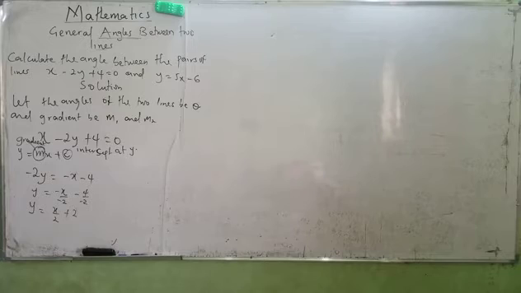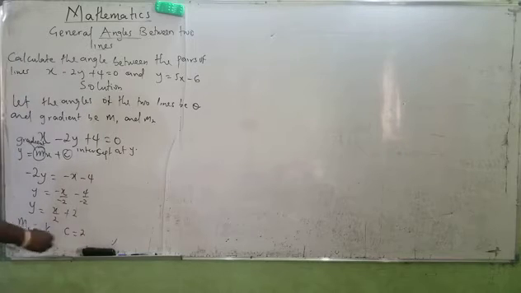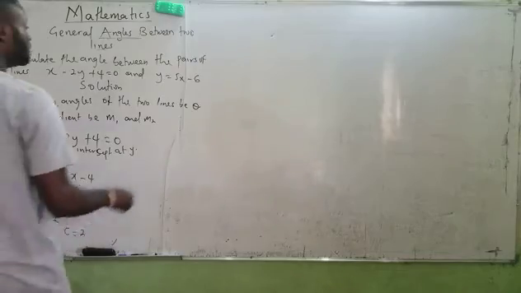Now my m1 will be equal to 1 all over 2, and my c will be equal to 2. Take note of that, just in case there are questions that demand it.